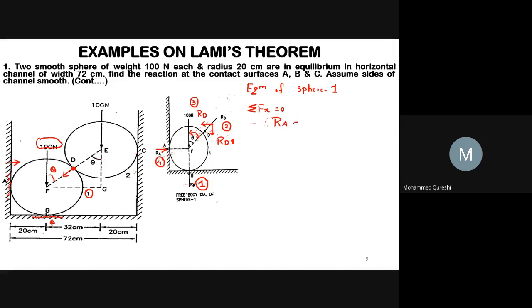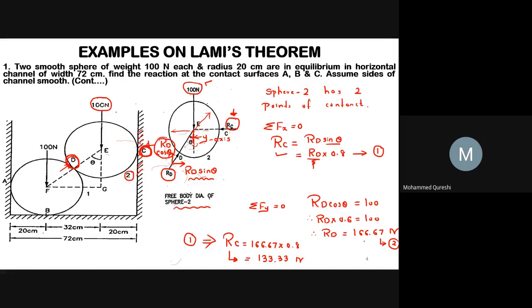Therefore, RA equals RD sin theta, this horizontal component, and the value of RD we had calculated in the previous step as 166.67 Newton.